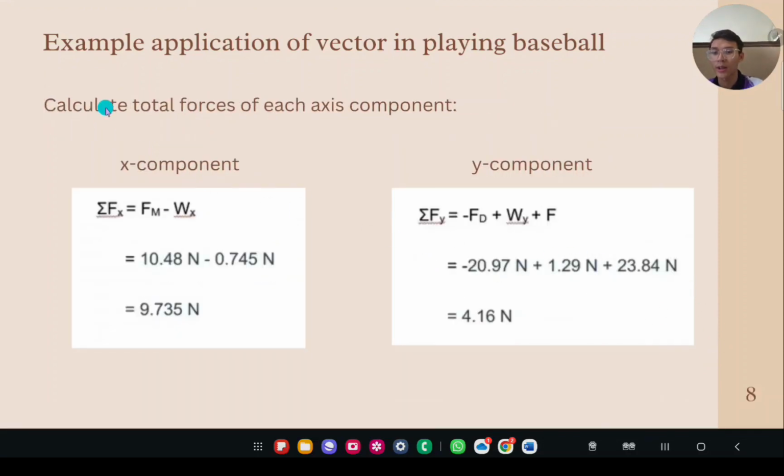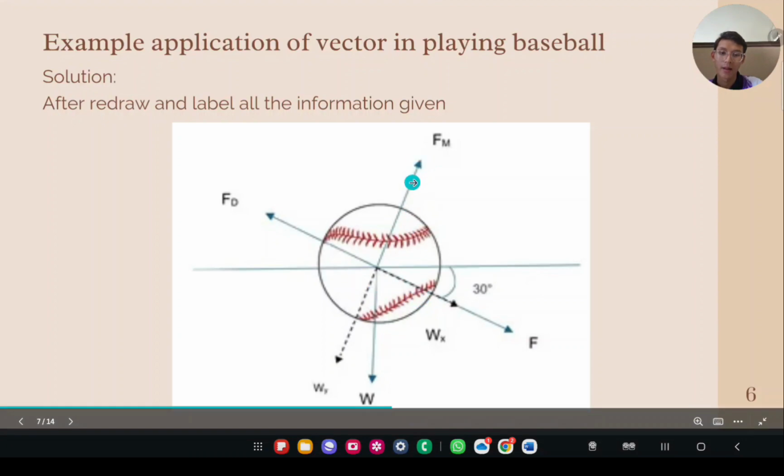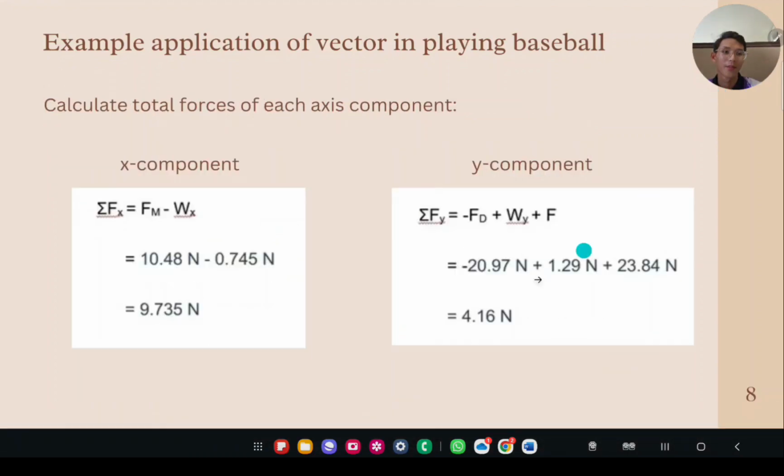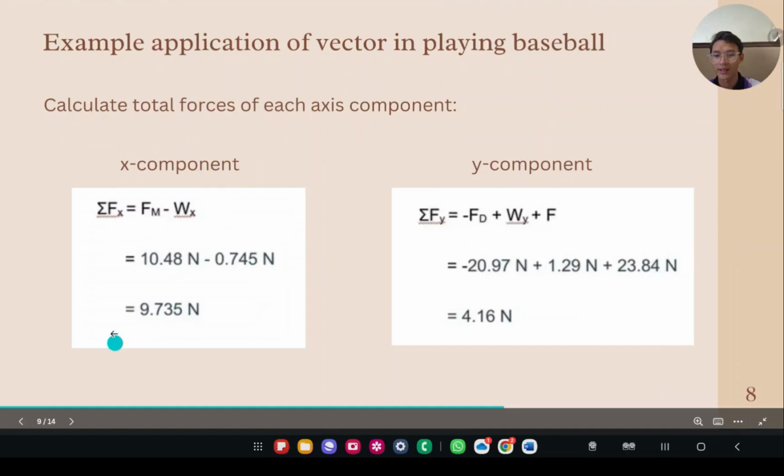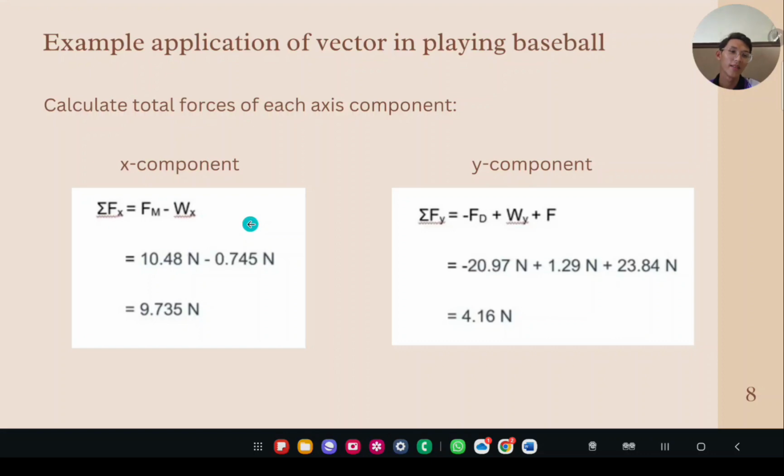For the total force in the x axis, we got here Magnus. It acts upward, so the Magnus force is positive, and Wx acts downward, so we make it negative.